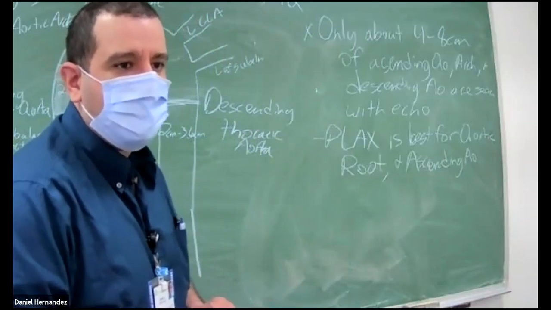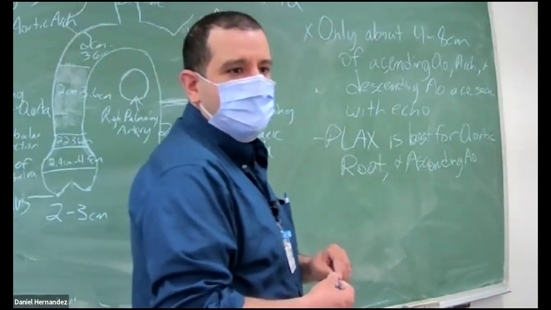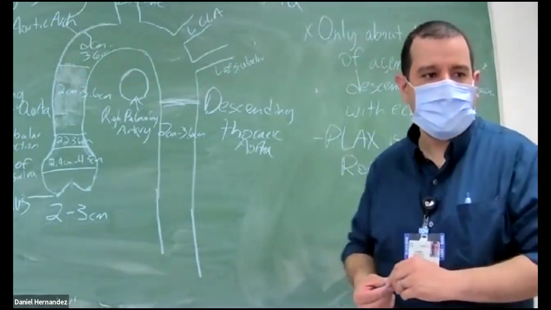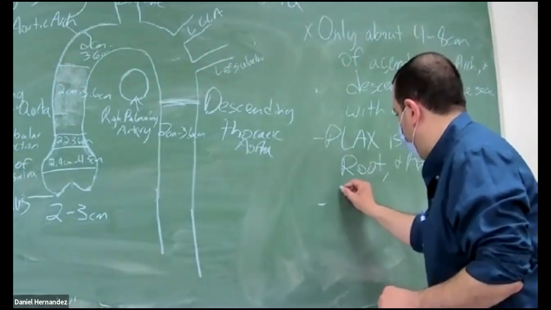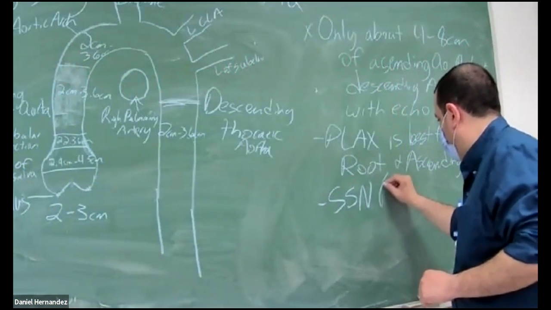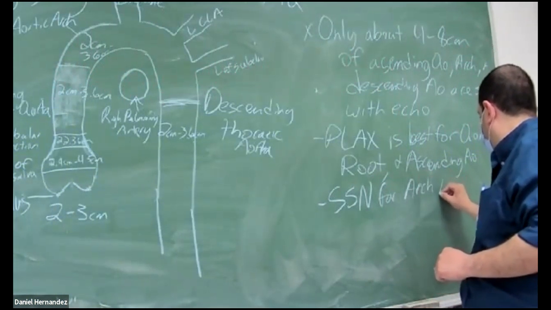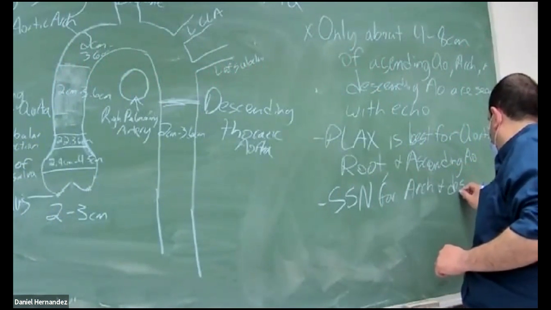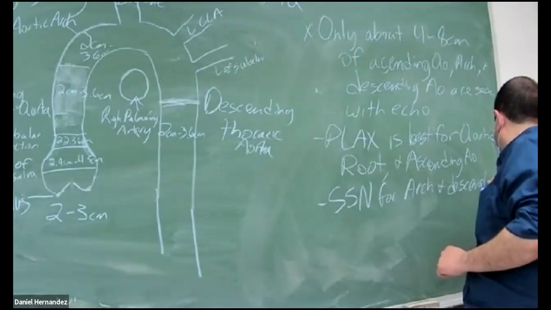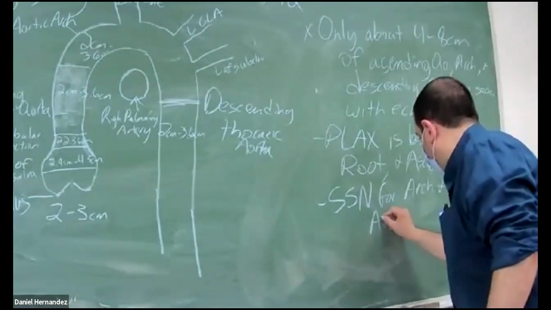Suprasternal notch is best for assessing the arch, as well as a short segment of the descending aorta.